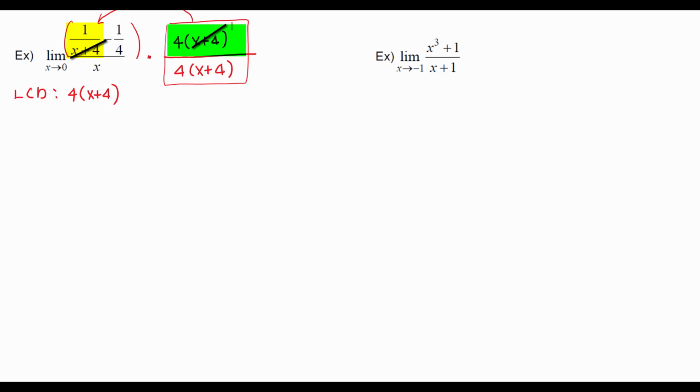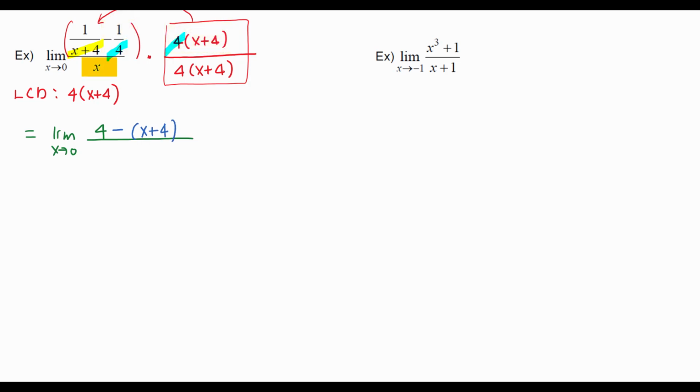However, now by distributing 4 times x plus 4 to the first expression, x plus 4 will cancel, so you get 1 times 4 on the numerator, which gives you 4. Secondly, you will multiply by the second expression, which is negative 1/4. This time, 4 and 4 will cancel, so you will have minus 1 times x plus 4, which is x plus 4.